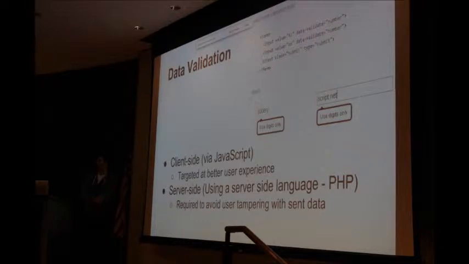Also, I want to go over data validation. So David Malin talked about, in one of his talks, data validation and different attacks, like SQL injection. So basically what you're doing in JavaScript is pulling the values out of text fields or something and then sending it to the server. There's two ways to do validation. So there's client side.